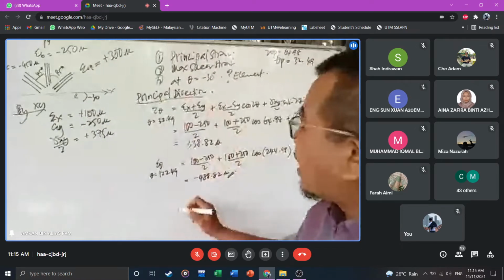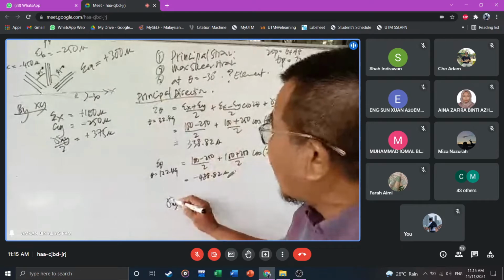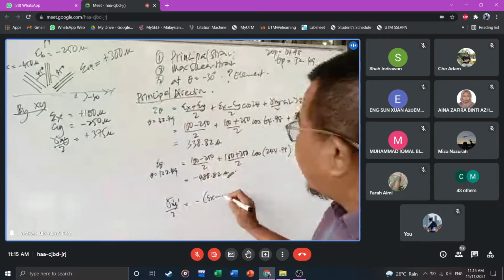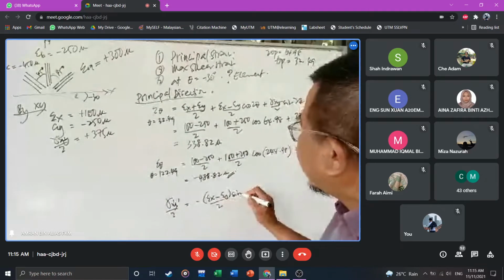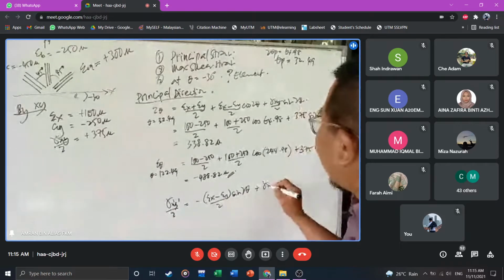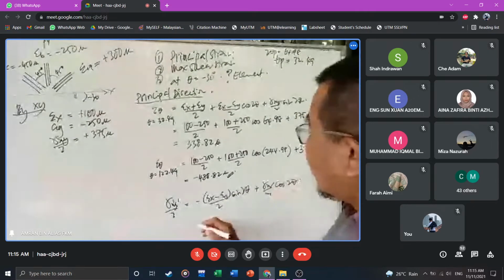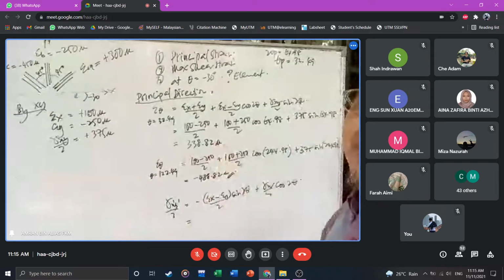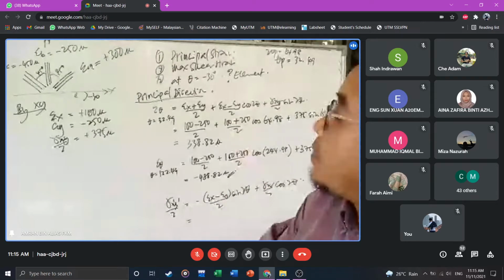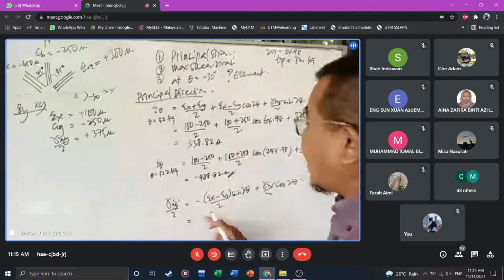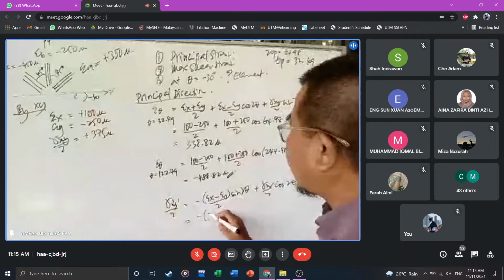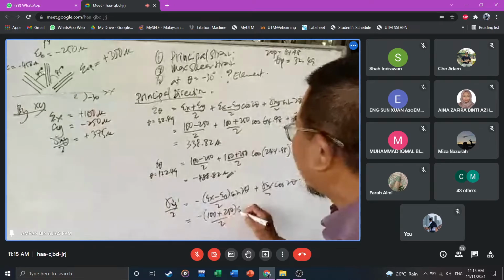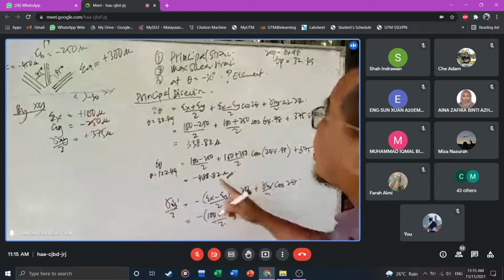So we can check that gamma. What is gamma XY over 2? Minus EX minus EY over 2 sine 2 theta plus gamma XY over 2 cos 2 theta. That value, you put it, it becomes 0. We can confirm it. If not 0, something is wrong with our calculation. So EX minus 100 plus 250 over 2 sine 2 theta.